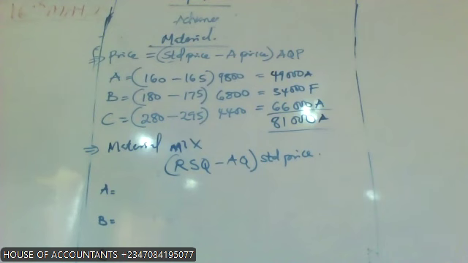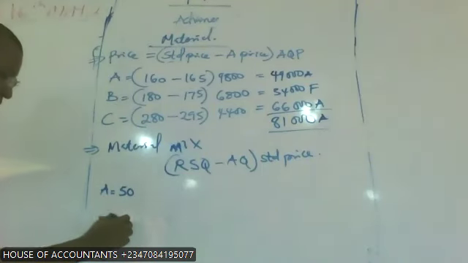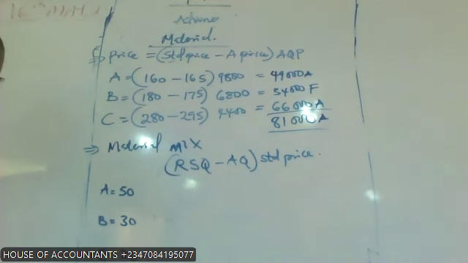From standard, 50 kg, 30 kg, and 20 kg. Addition of this gives us 100, and that is the 100 kg they are talking about.